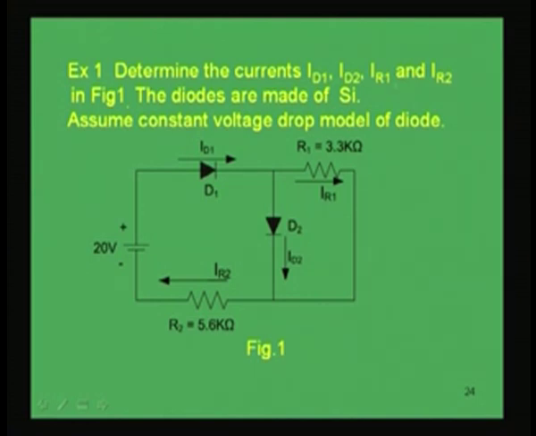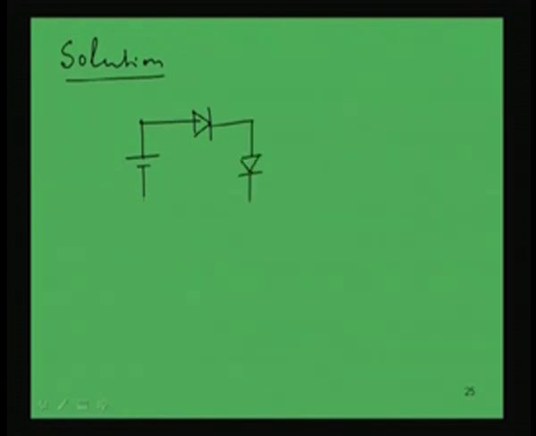So, let us now solve this example. We again draw the circuit. Here the voltage is given as 20 volt, and this is diode D1, D2.